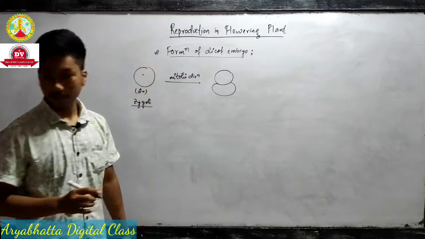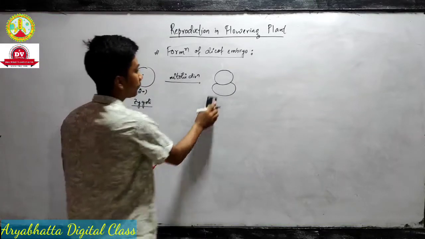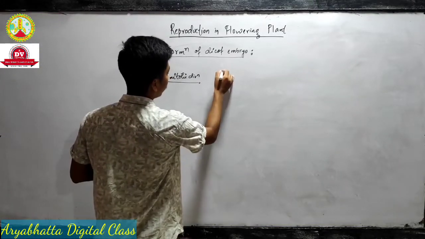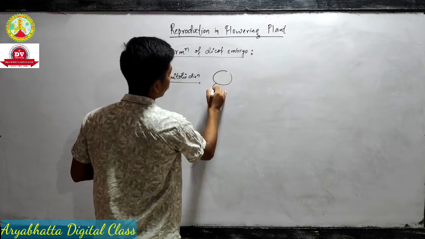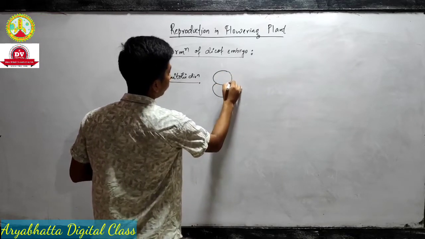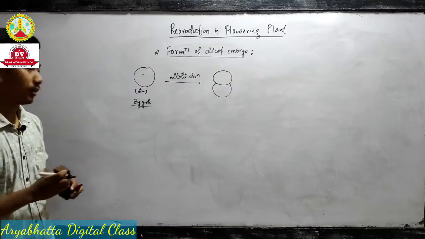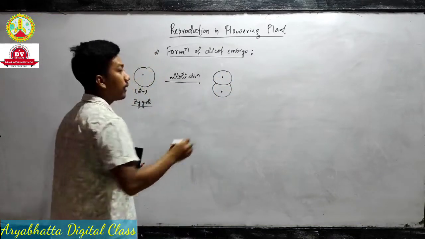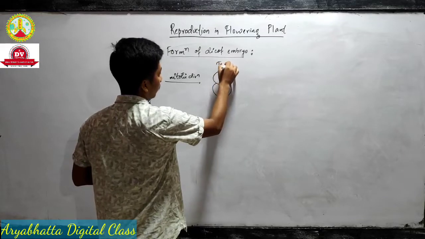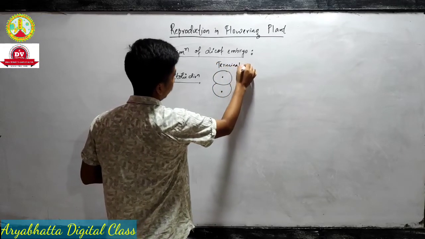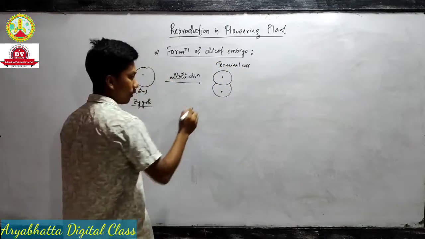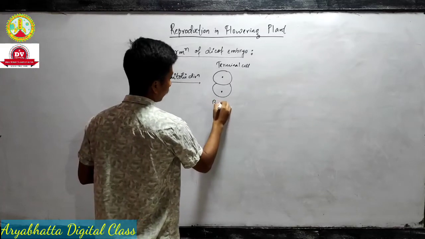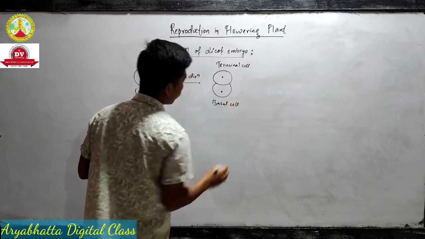Make it round. And form two cells attached together. The upper cell is known as terminal cell and the lower cell is known as basal cell.